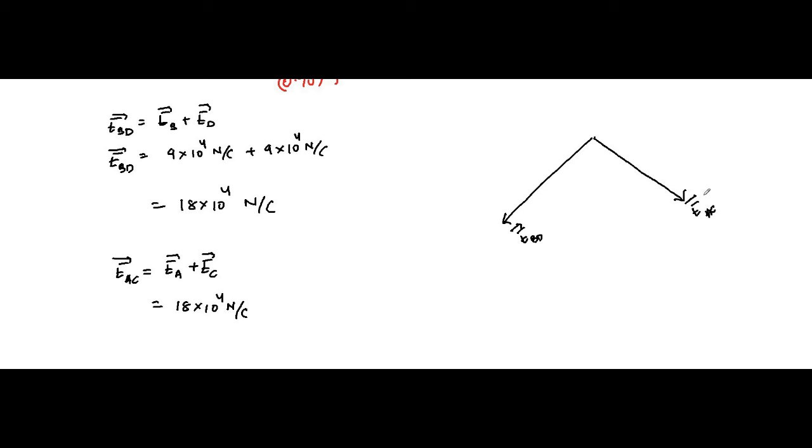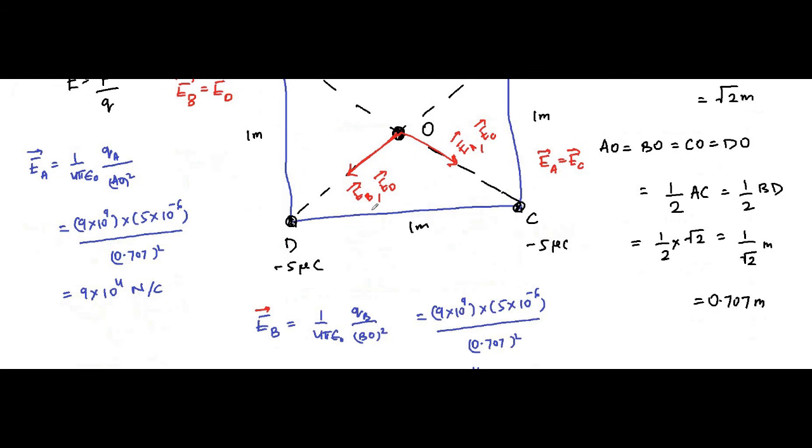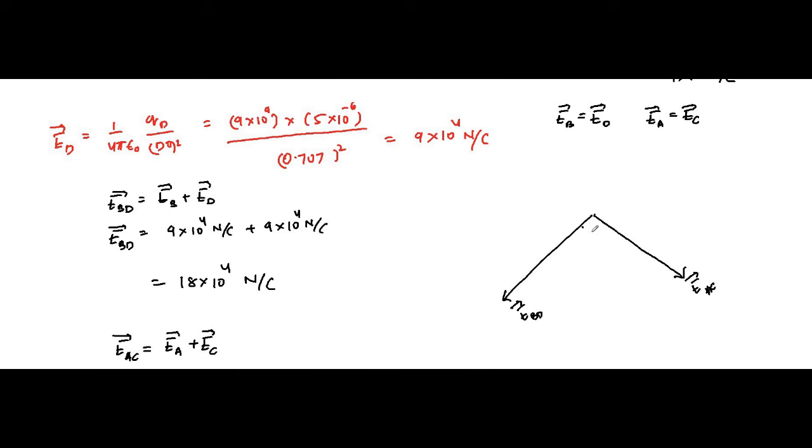That is the EAC vector. And they have an angle of 90 degrees. This angle is 90 degrees.